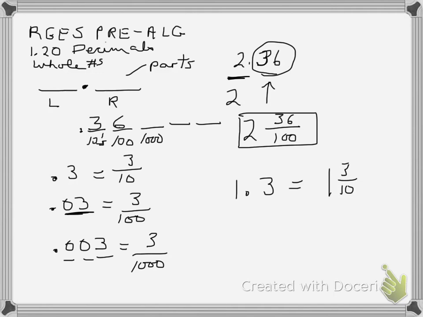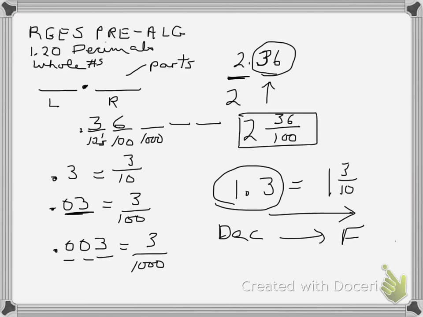Okay. So they're asking you to be able to convert from the decimal form to the fraction form. There are two ways to write things, and we're representing wholes and parts in either case. From decimal to fraction is what I've just illustrated, and on the next page we're going to do from fraction to decimal.